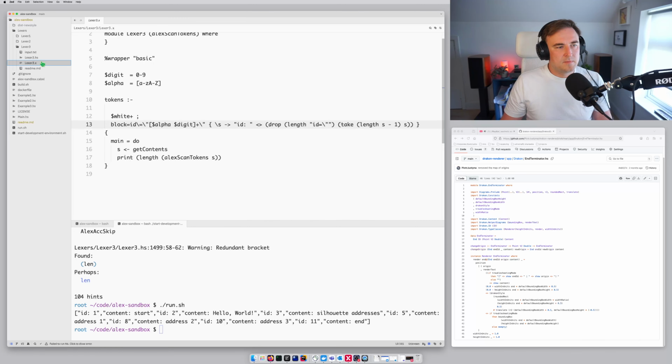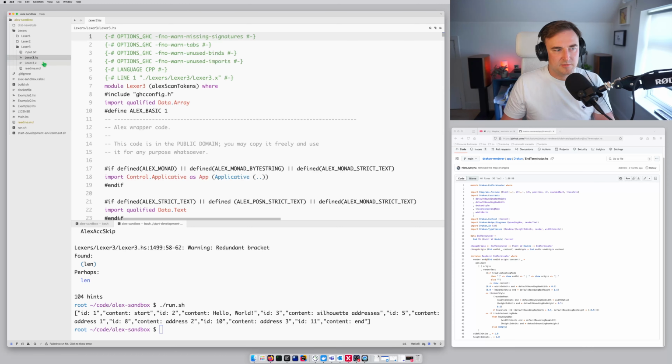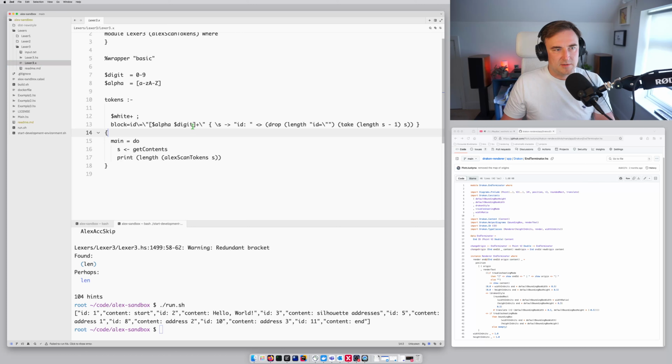Interesting. So we have lecture 3. We have the IDs extracted correctly as tokens, but we also have content.